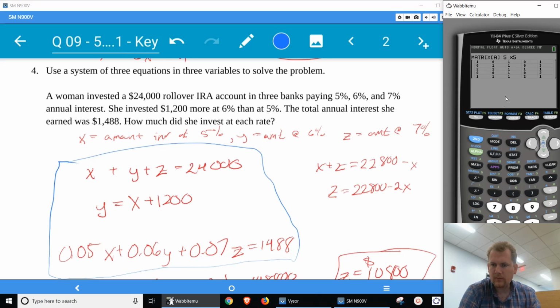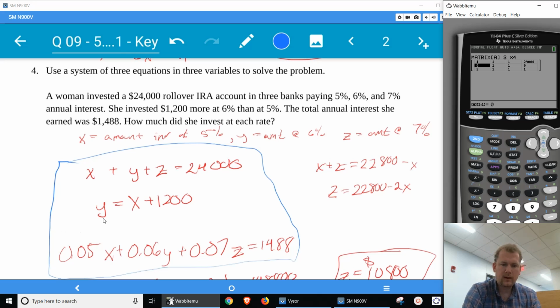Okay, so it made it into a 5 by 5, but we have 3 rows and 4 columns, so I'm going to call that a 3 rows, 4 columns. So each coefficient of this is a 1, so 1, 1, 1, and then the last number is 24,000.